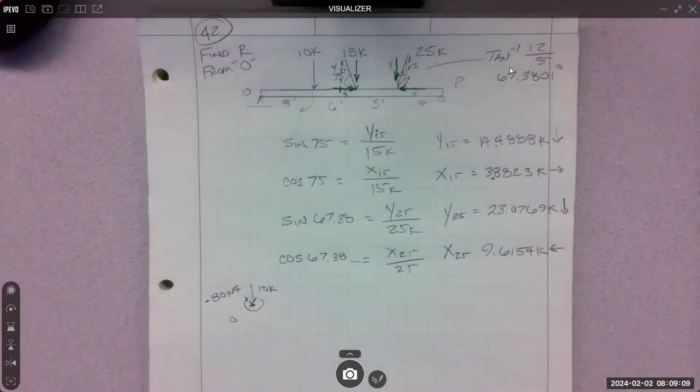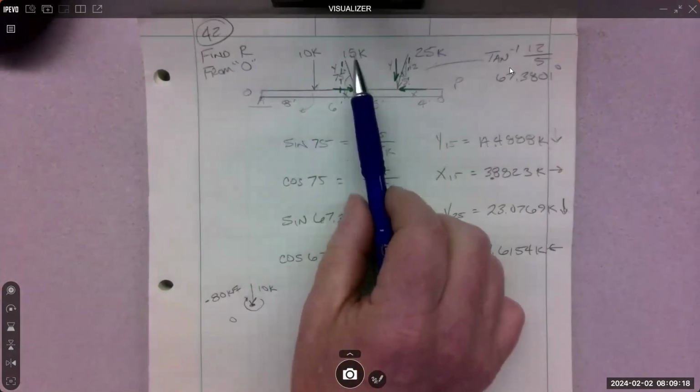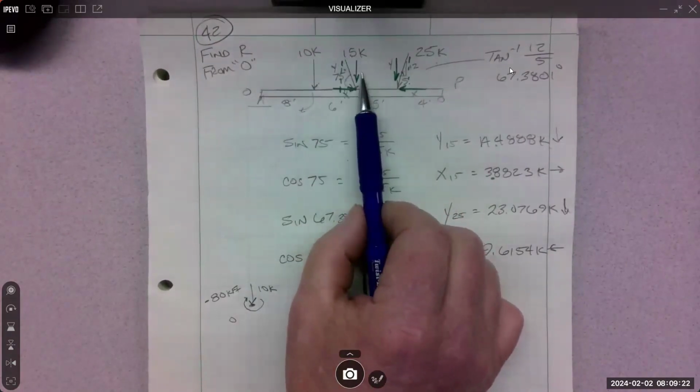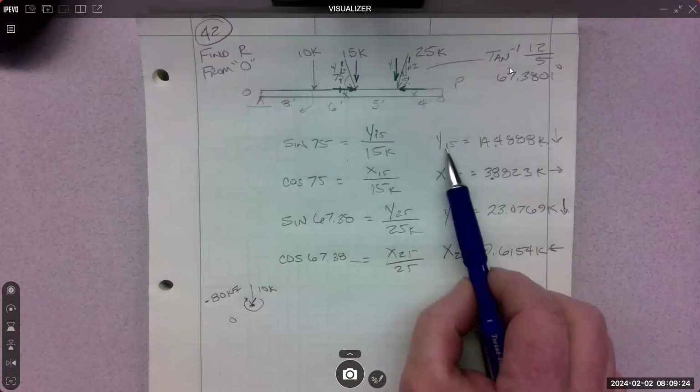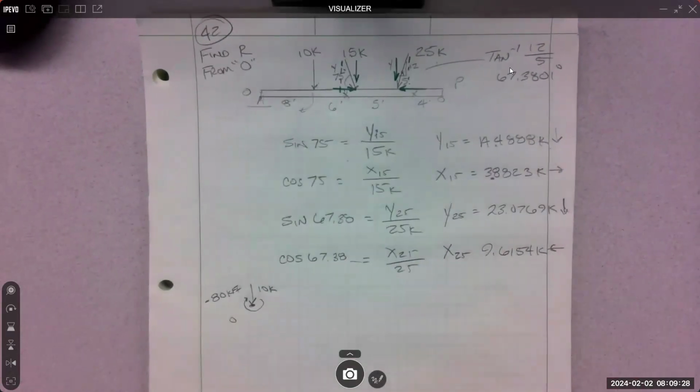I want to keep track of them. So the 10's moved. Now I'm going to move the y component of the 15 because the 15 is gone. I'm using these components. So the y component of the 15 is 14,488.